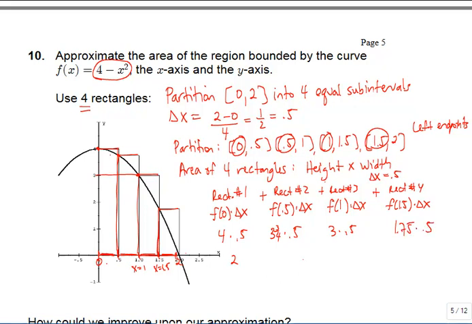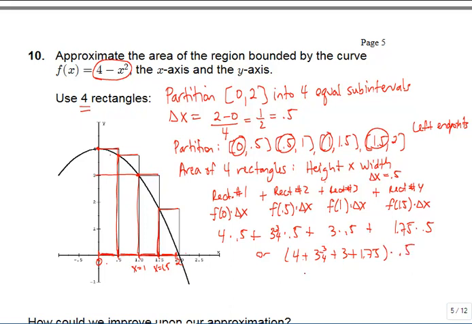And what we want to do to get this whole approximation is add together these 4 areas, these 4 rectangles. Now you can do that a couple different ways. You can do 4 times 1/2 plus 3 3/4 times 1/2 plus 3 times 1/2 plus 1.75 times 1/2, or if you want, it'll give you the same answer if you add up all these heights first and then multiply that answer by 0.5.